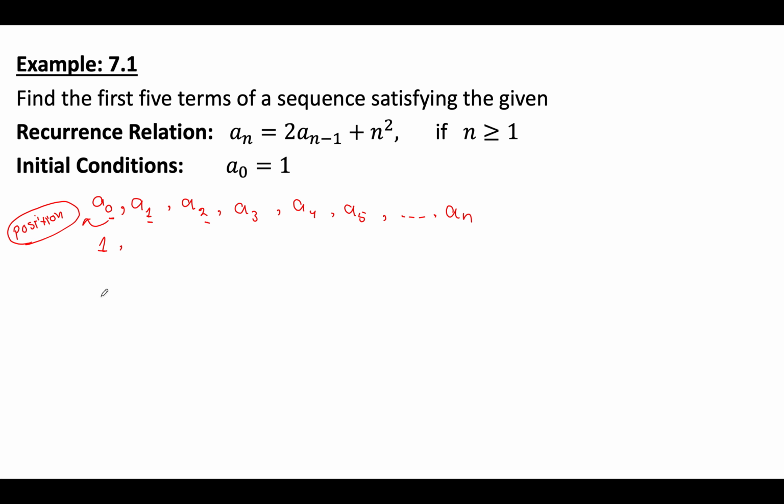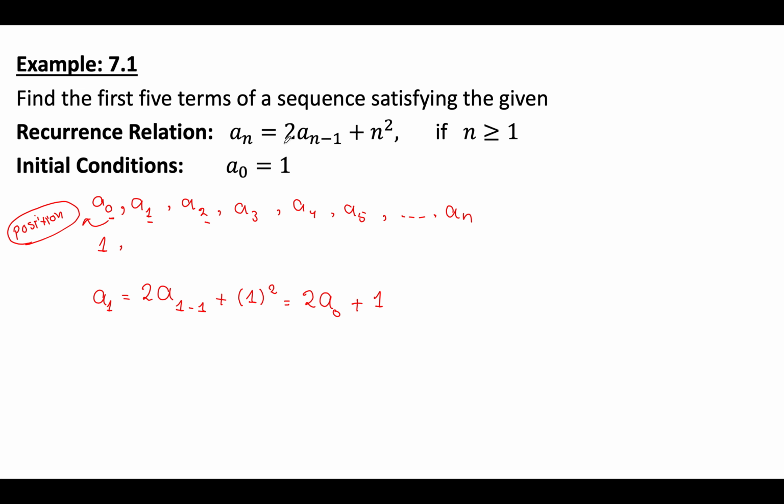So here if I need to find a1, then a1 is equal to 2a_(1-1) plus 1 squared. Now this is equal to 2a0 plus 1, since 1 squared is 1.